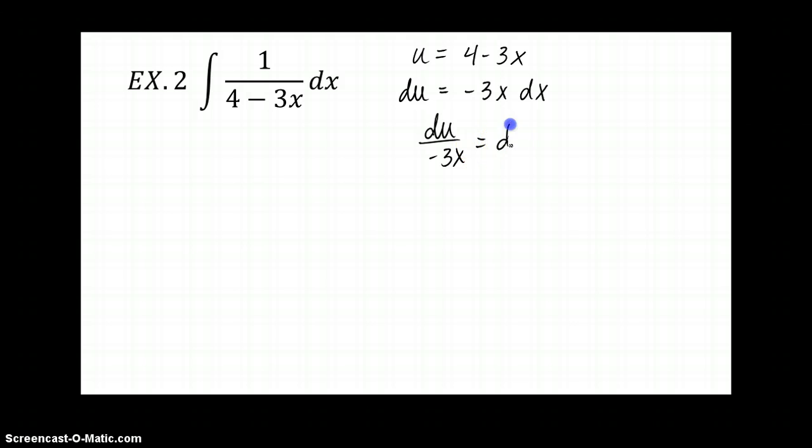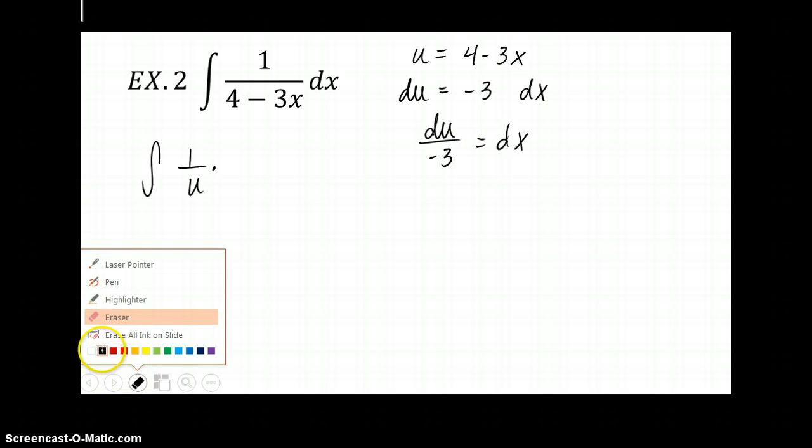Okay, 1 over 4 minus 3x. So now we combine this with u substitution. So we're going to pick u to be our entire denominator. du is negative 3x dx. Dividing both sides by negative 3x. So this becomes 1 over u. Oh, this is wrong. The derivative is just negative 3.